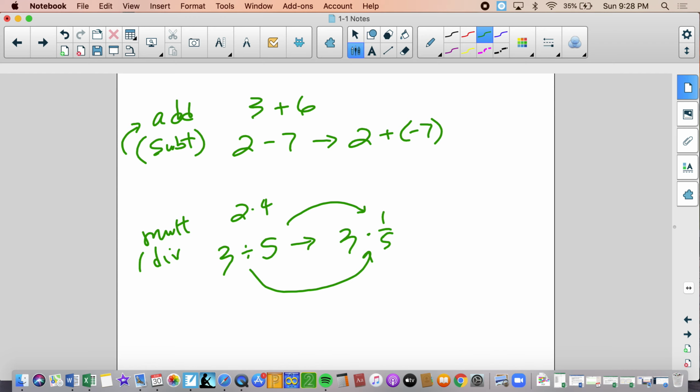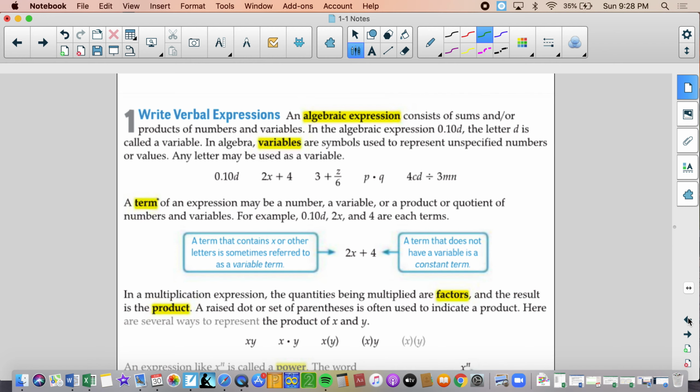So technically, there's no such thing as division. Every division is multiplication. So when they write that statement in the algebraic consists of sums and or products of numbers and variables, that's why. So you could also say consists of sums, differences, products, and quotients.